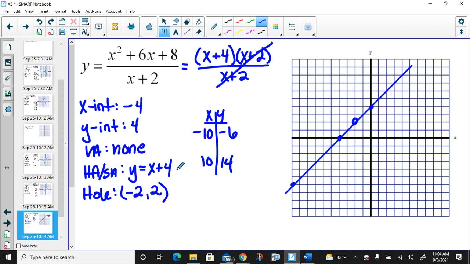I usually don't make you do ones with long division, but in this case, the slant asymptote is the actual graph. But we'll get into a lot more of those tomorrow.